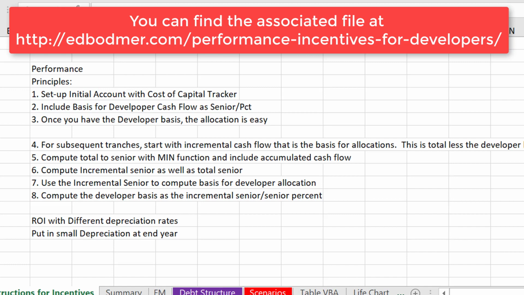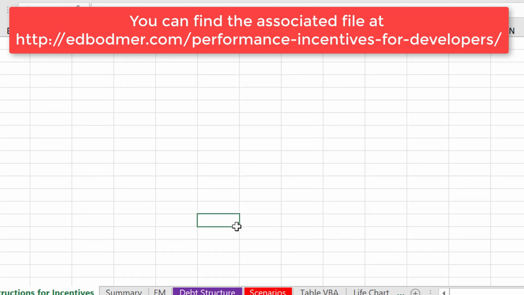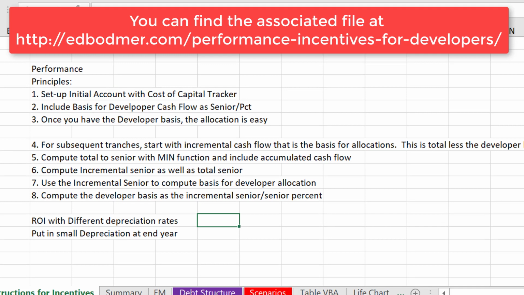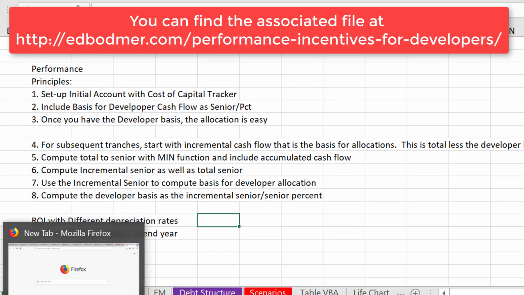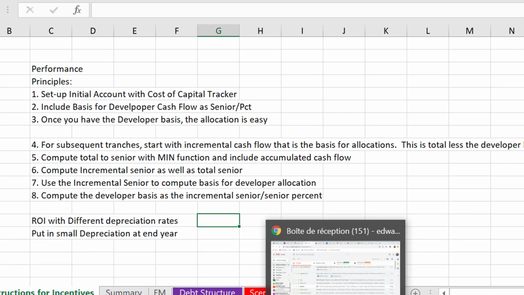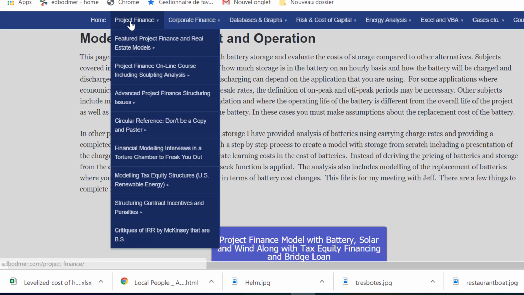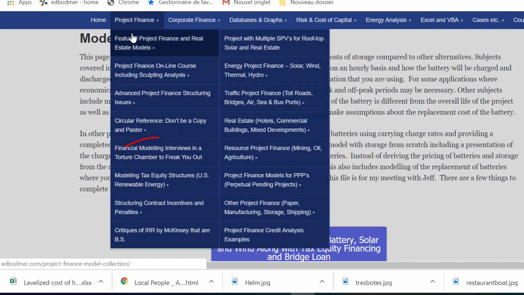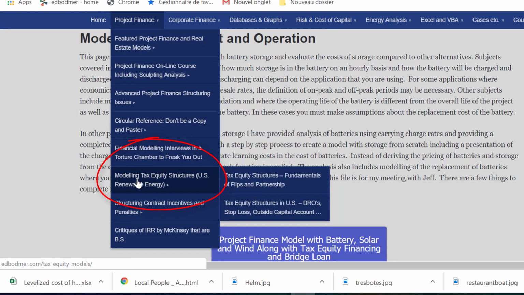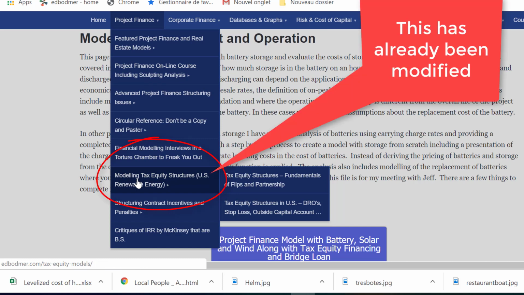Now, I've actually done this elsewhere. In project finance, I have this thing called Modeling Tax Equity Structures U.S. Renewable Energy.